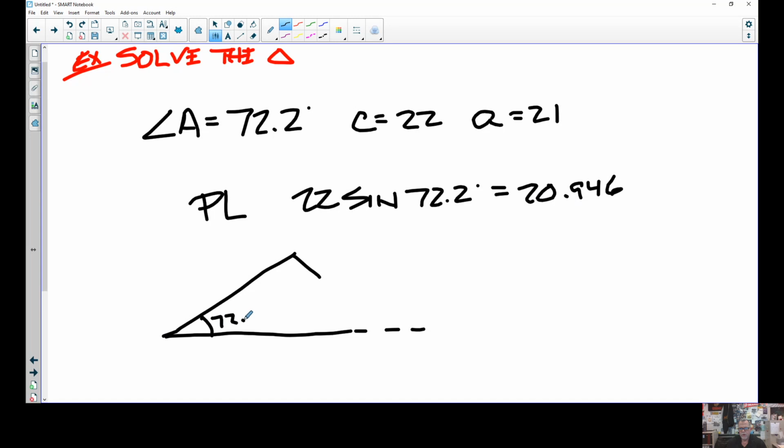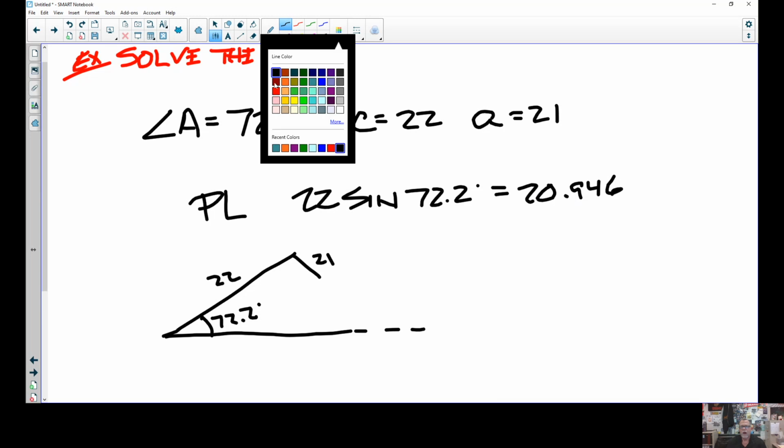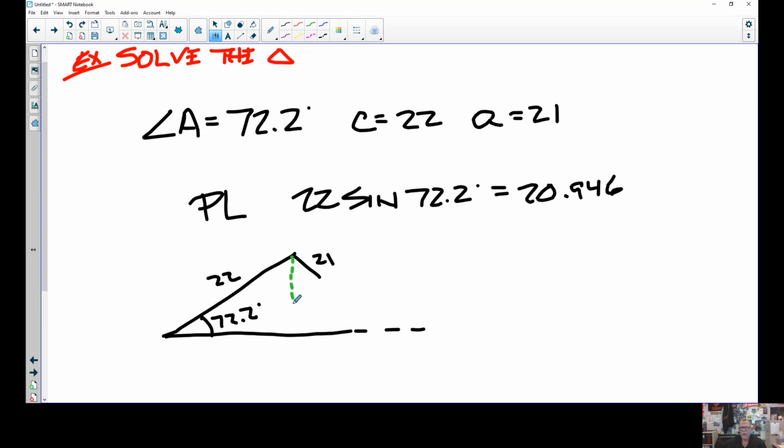This is my 72.2 degrees. This is my side that's 22. This is my side that's 21. What I just found out was that this side right here, if it was the perfect length, this is the right angle side, it would be 20.946.